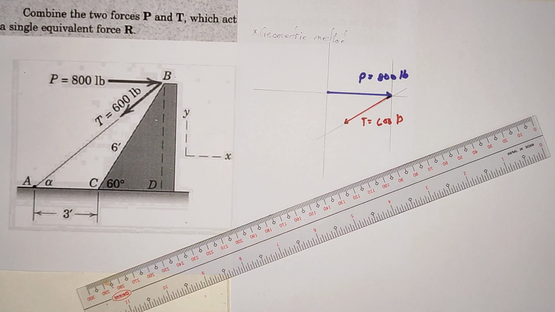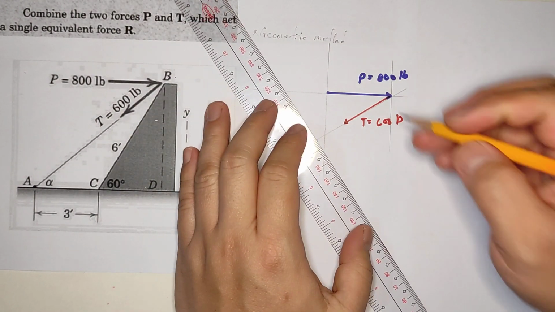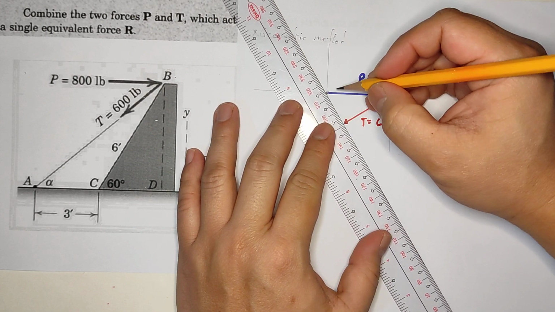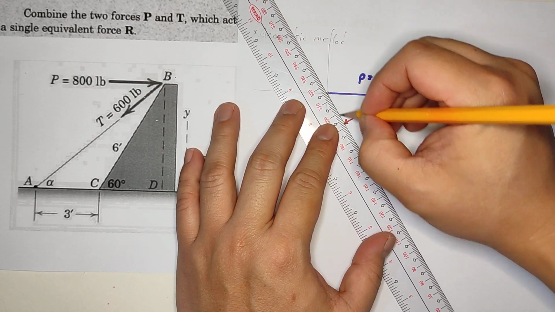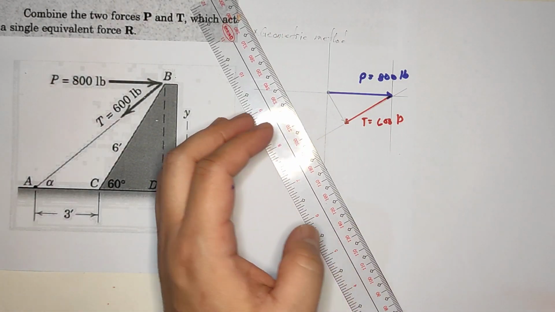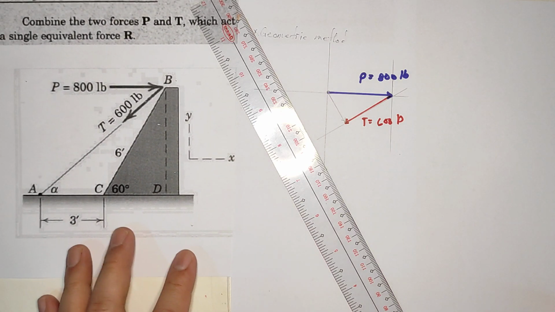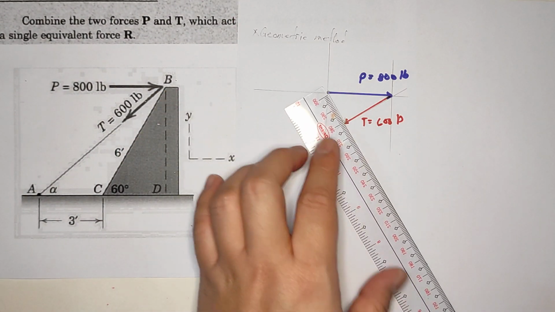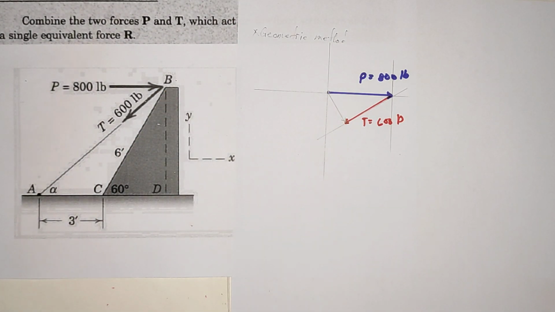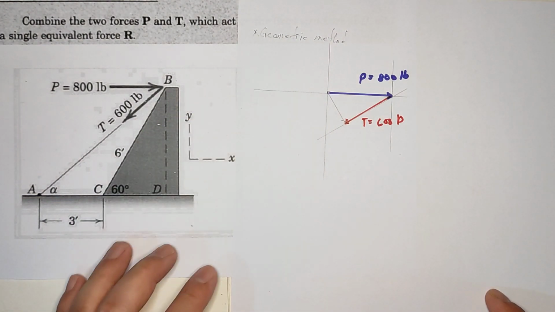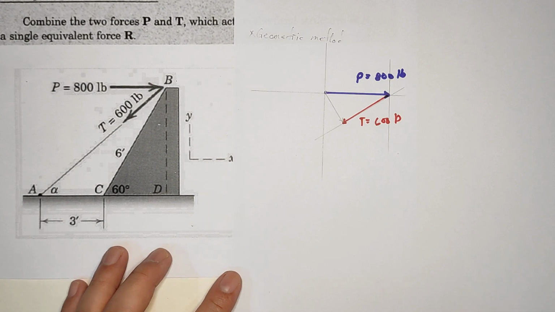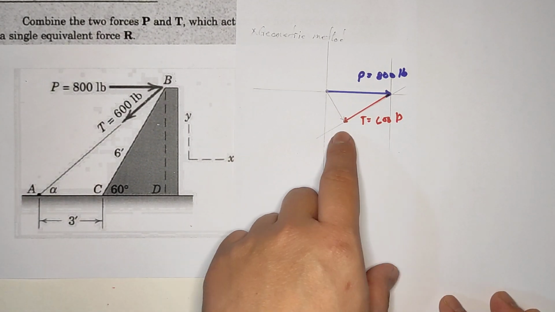Now, the resultant is actually from this tail to this head. So that's the resultant. If that is in graphical method, I actually can measure that one, but again, I will not do that. So let's do the geometric method. This is a triangle.